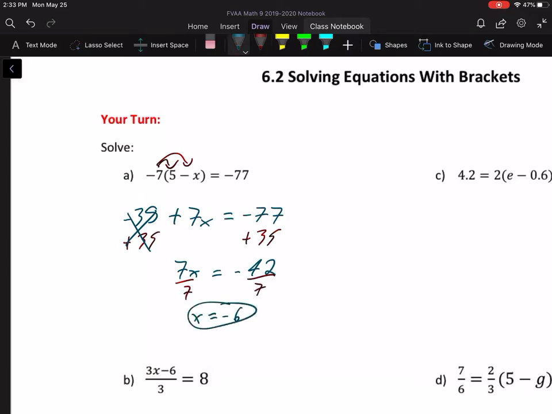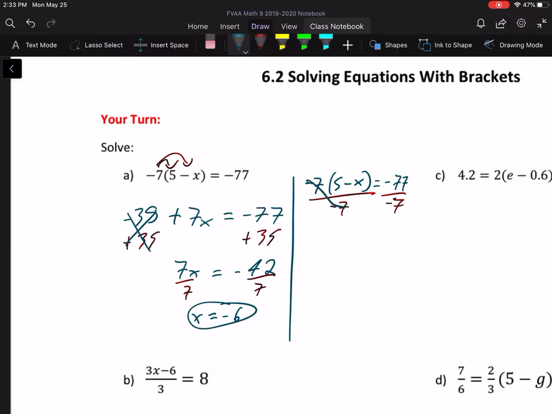But again, here we could have done the other approach, because that negative 7 goes nicely into the negative 77. If I divide both sides by negative 7, that works quite nicely.